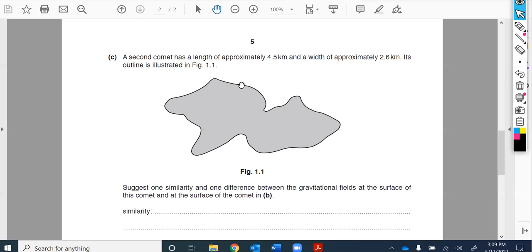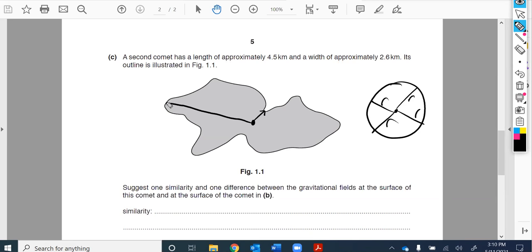So a similarity might be that they have roughly the same field strength, but a difference would be it's not going to be uniform. Everywhere on the surface of the sphere, you're the same distance away from, remember, we're assuming all the mass is here. So that point is the same as that point, and all these radii are at the same distance. Here, the gravity might be a lot stronger than the gravity out here, right?